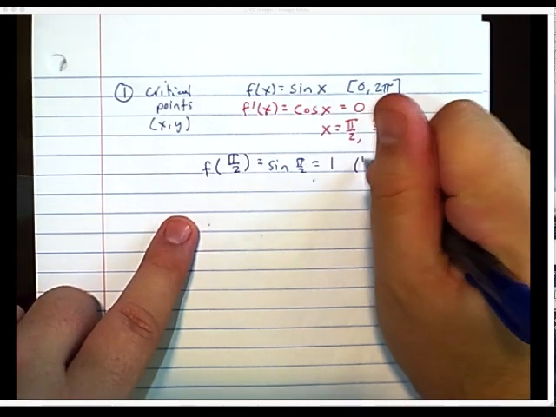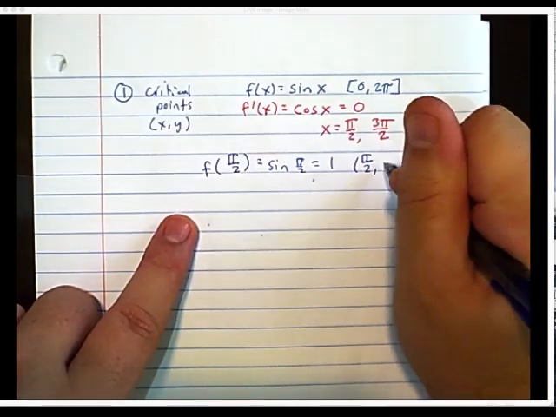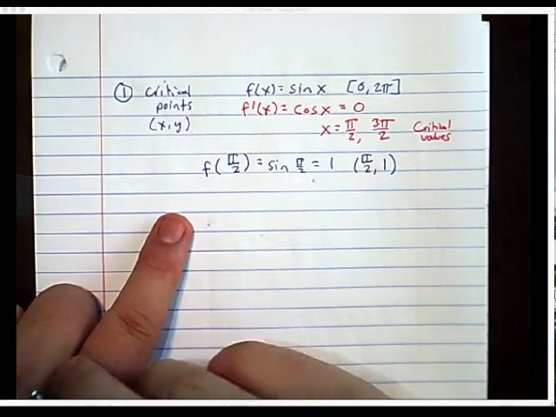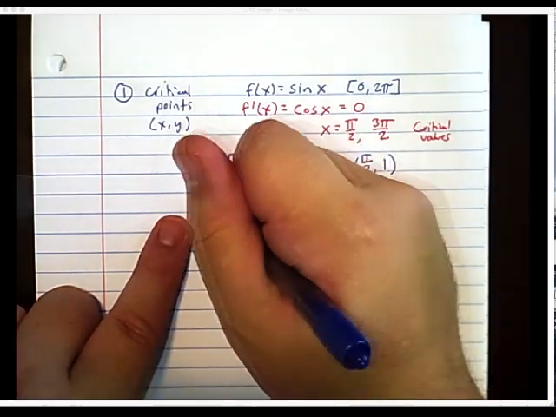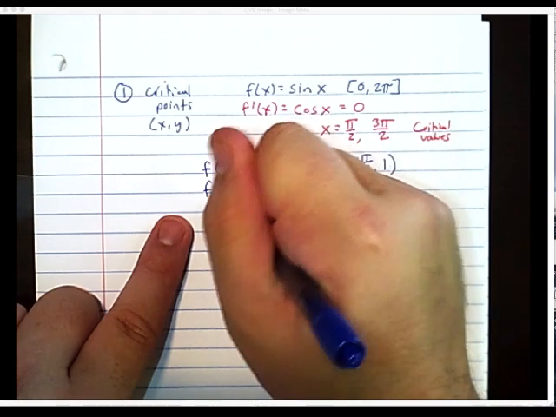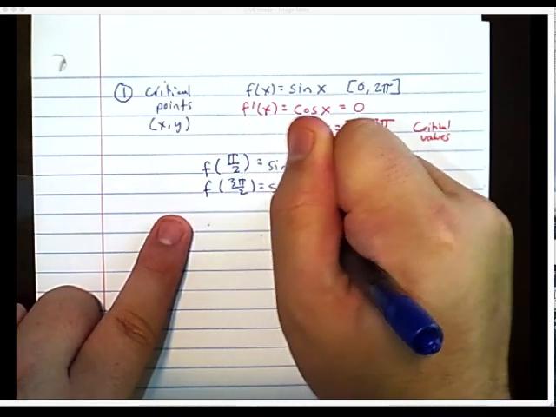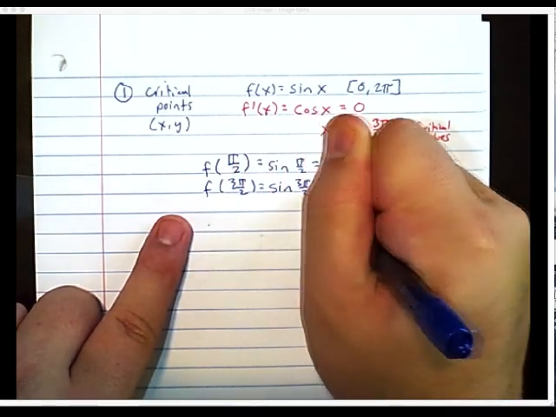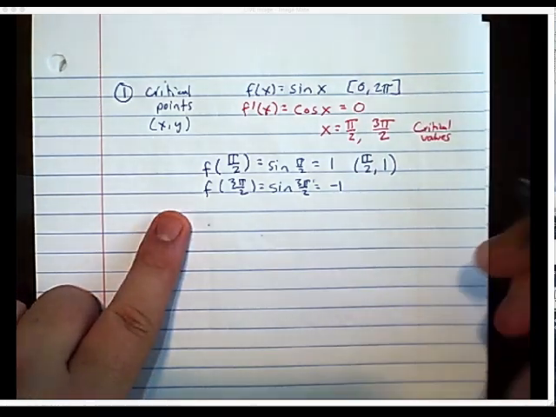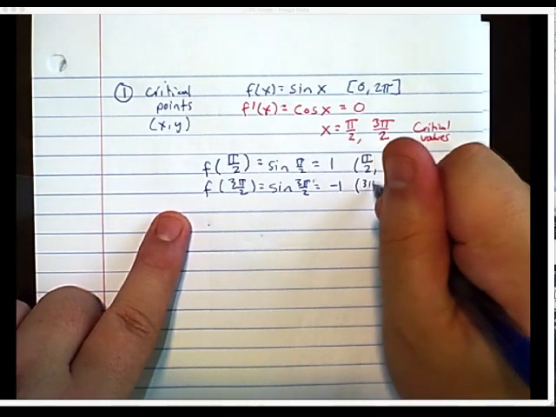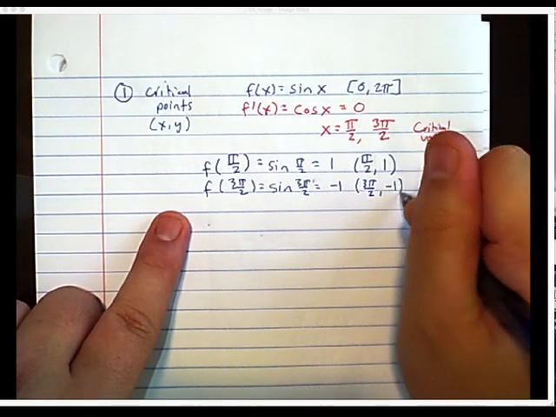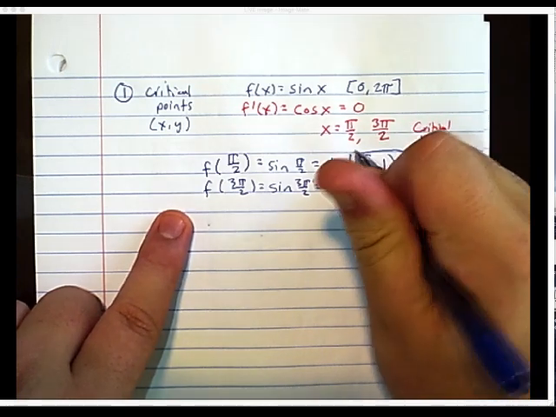So the first critical point is pi halves, comma 1. Okay. And then 3 pi over 2, it's like taking the sine of 270 degrees, and that's going to equal -1.